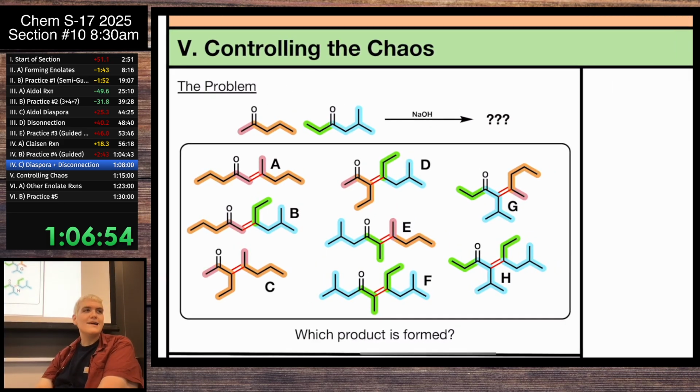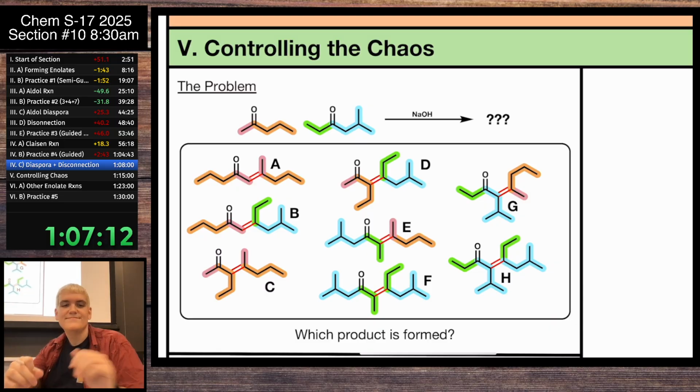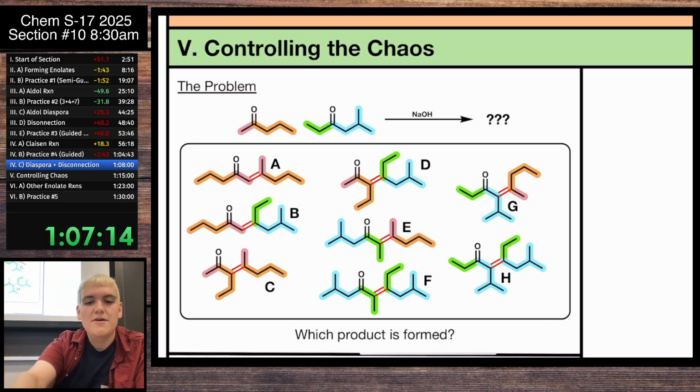So y'all are now enolate experts. We have 2 carbonyls here. We're adding a base. Which of these products are we going to form? I'll give you a minute to think.